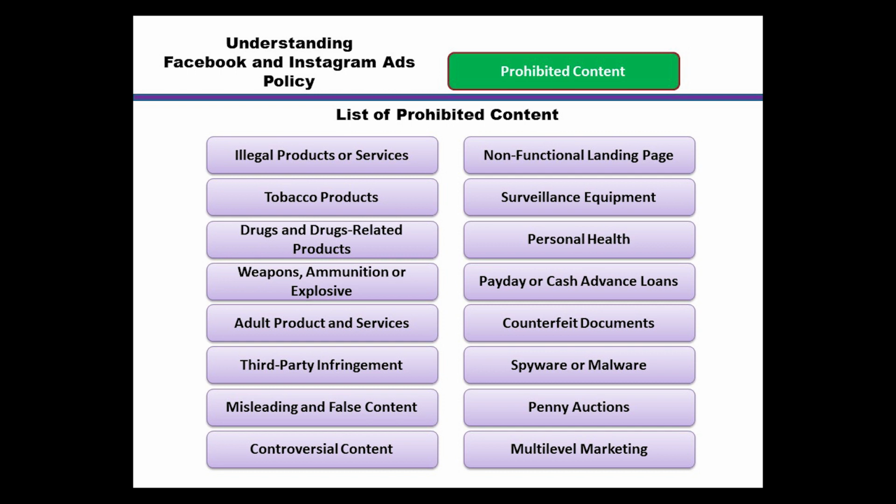So here's the list of prohibited contents. Number one is illegal product or services. Now I'm not going to read all these contents one by one, but I hope you may be able to get more idea about what it is, and based on the headings you'll be able to figure it out.